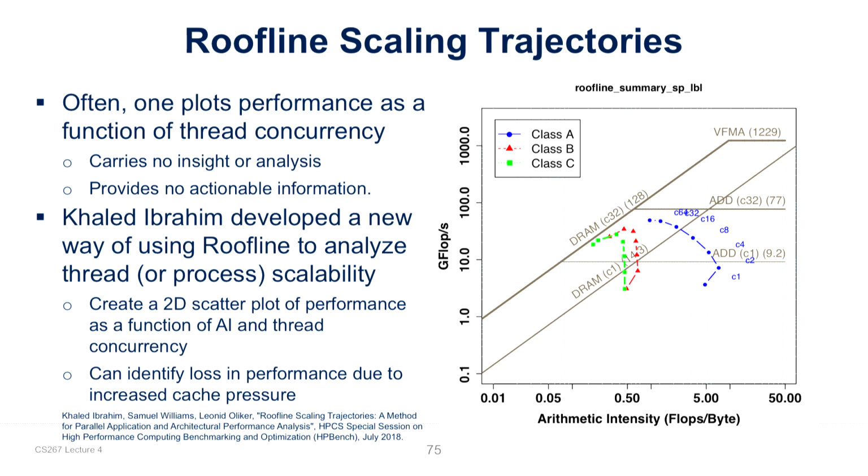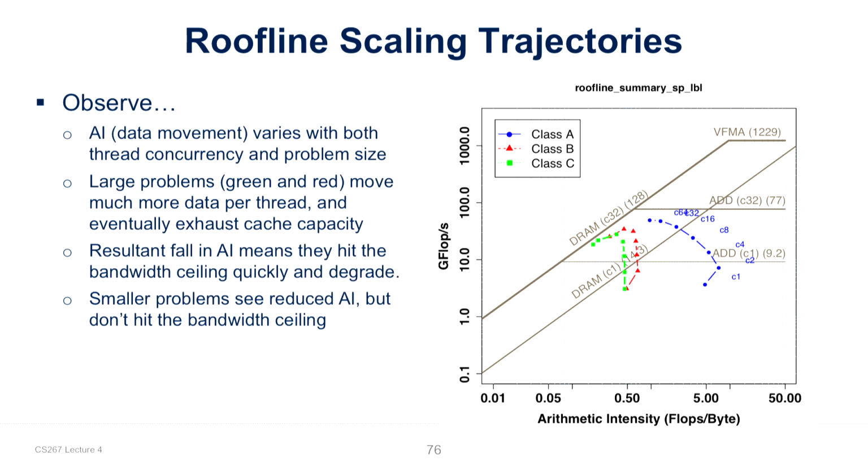Well, what has happened is you're increasing your computational intensity as you make the problem size larger, but then it gets too large and falls out of some level of the memory hierarchy, and you actually get worse computational intensity than you did for the previous problem size, because it used to all fit in some level of the memory hierarchy. The ETH paper also has a whole bunch of these, although these trajectory plots were actually developed by somebody here at Lawrence Berkeley Lab, I think Khaled Ibrahim, and they give you interesting performance plots as well.